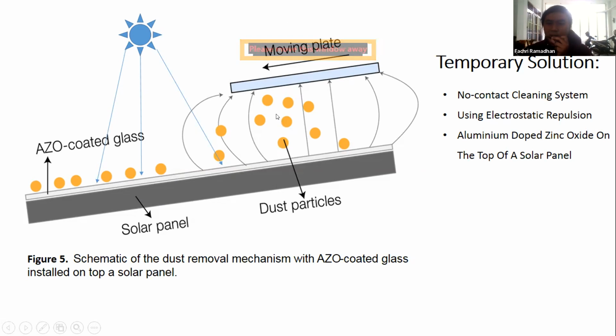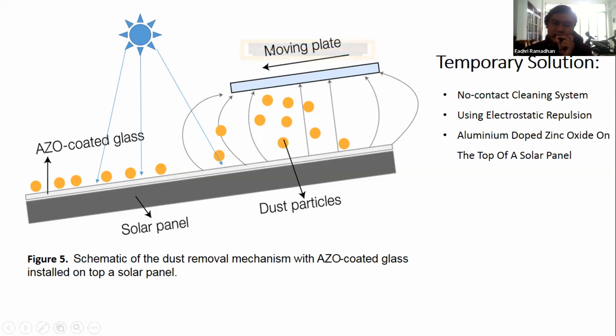To activate the system, a simple electrode passes just above the solar panel's surface, imparting an electrical charge to the dust particles, which are then repelled by a charge applied to the panel itself.